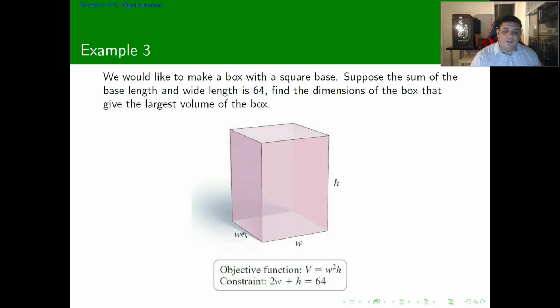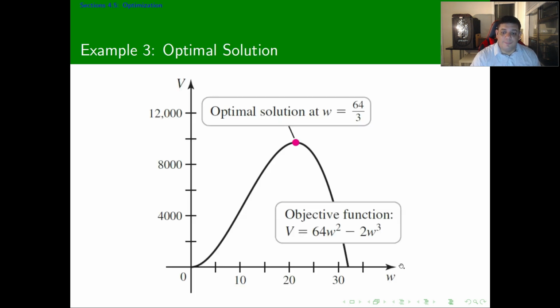So that means 2W plus H needs to be 64. Now, using that, we can very easily replace H by 64 minus 2W. And we're going to get this objective function here, V equals 64W squared minus 2W cubed.